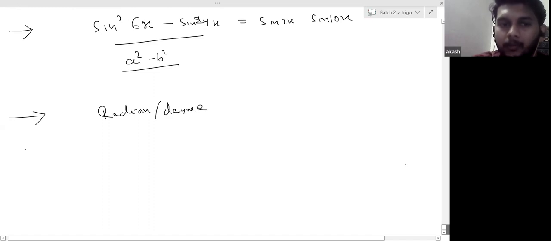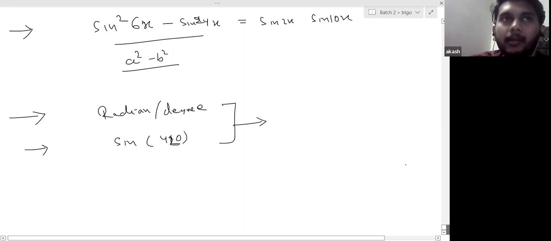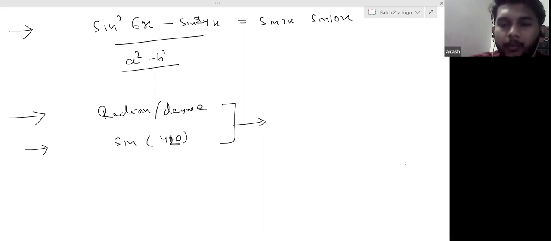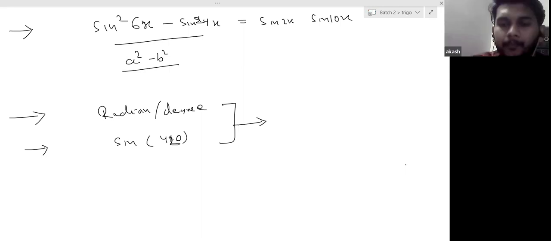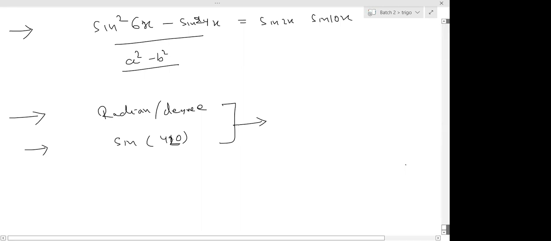And one short mark will be finding the value of the angle, like sine 410 or 420. These two topics, short mark questions will be coming. And have you finished NCERT proving questions? Yes, sir, I told you. Do you have any doubts from that? No, sir. All right. That exercise is very important.